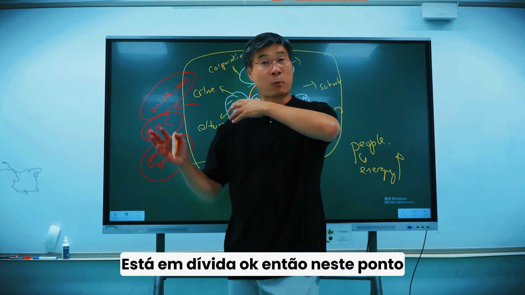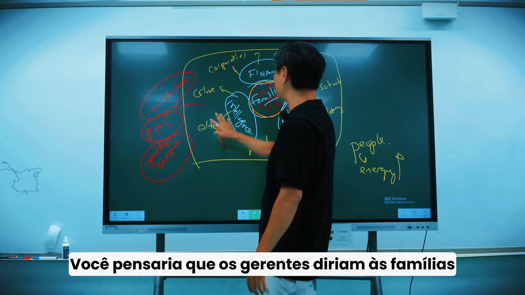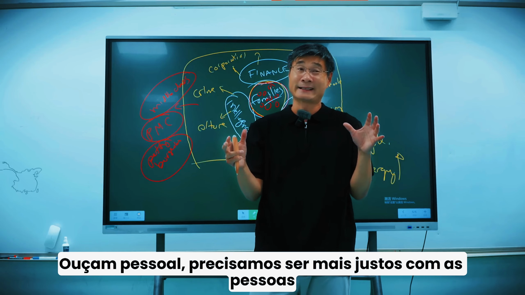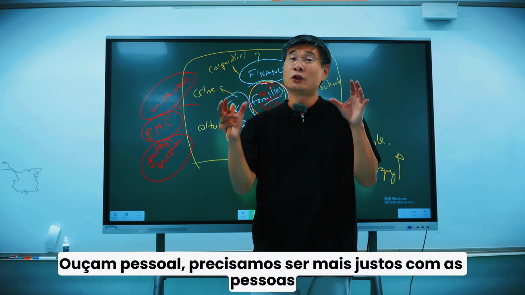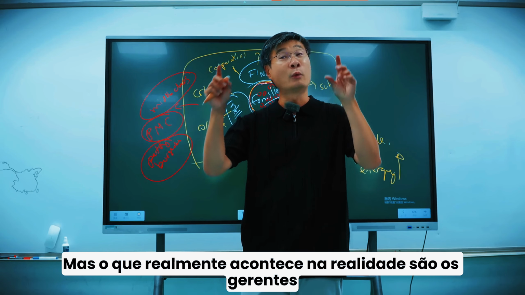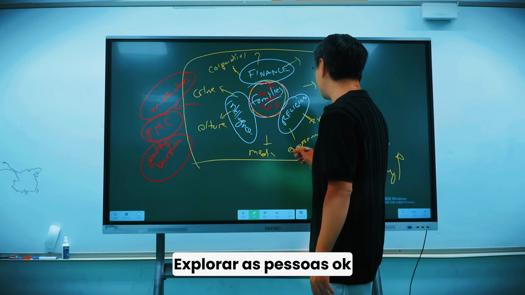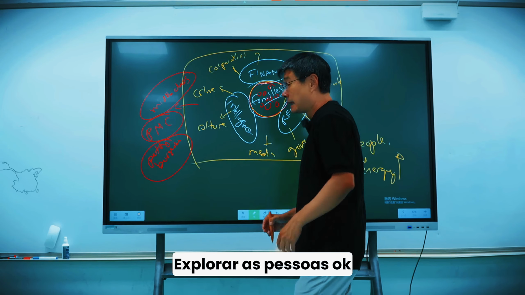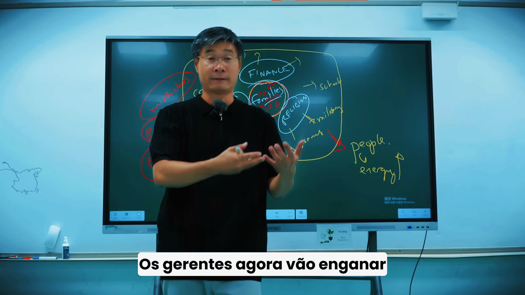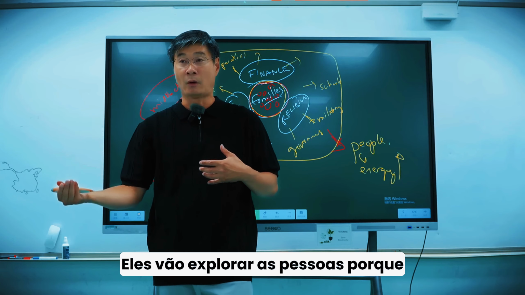So at this point, you would think the managers would say to the families, listen guys, we need to be more fair to the people. But what really happens in reality is the managers exploit the people. The managers will now deceive. They will lie to the people. They will commit fraud. They will exploit the people.